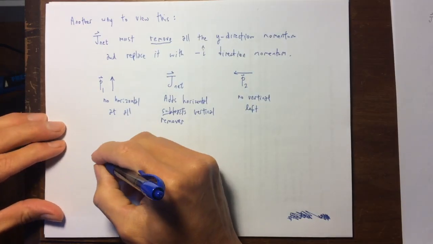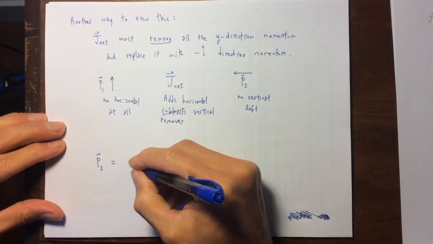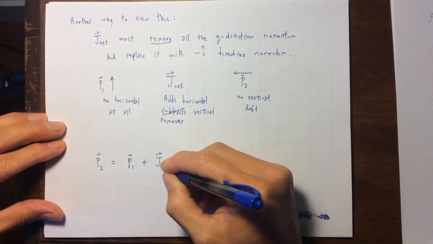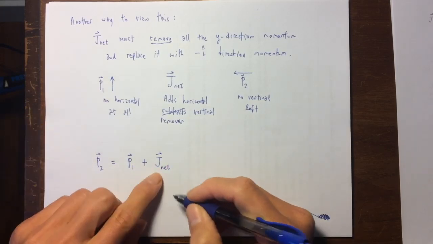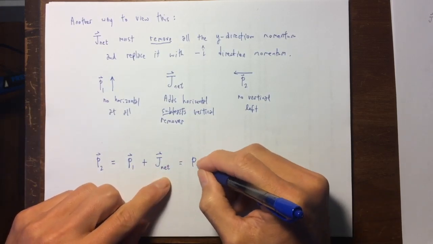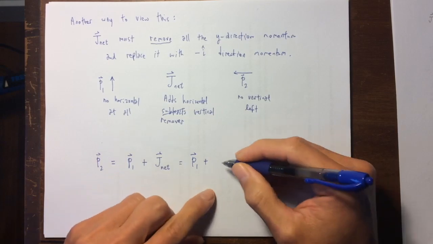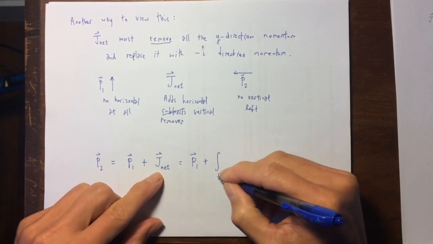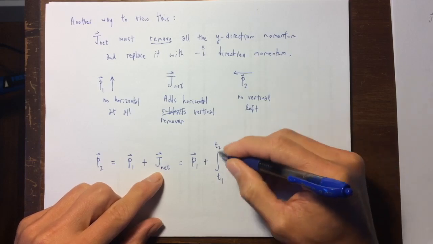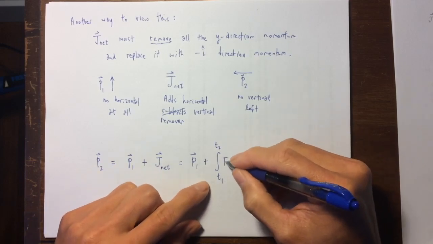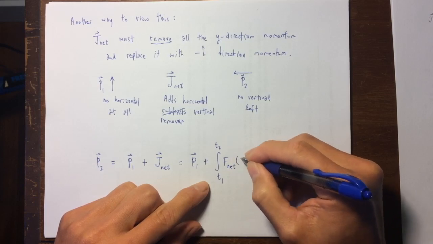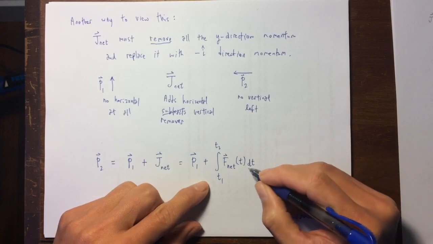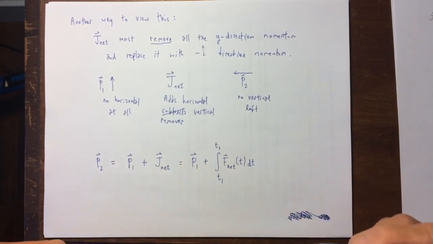So P2 equals P1 plus this J net. So it's P1 plus, so this is when it gets interesting, the integral between two times of the time-dependent net force multiplying small time intervals, dt.